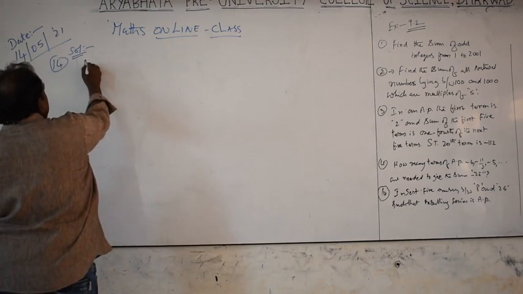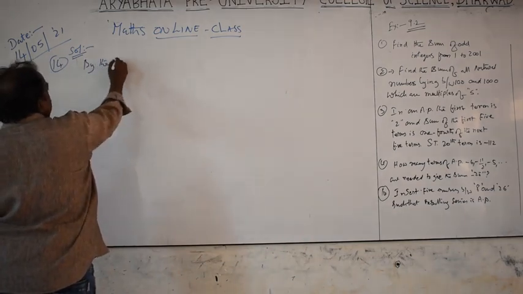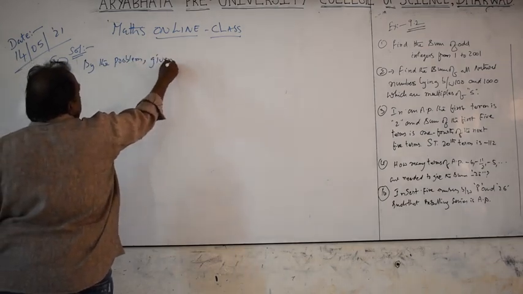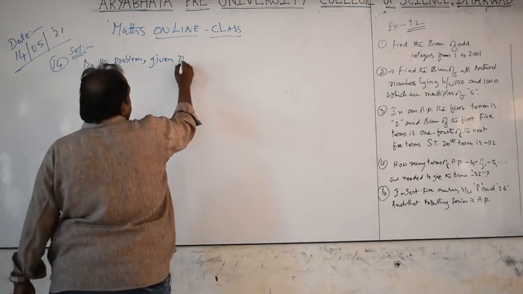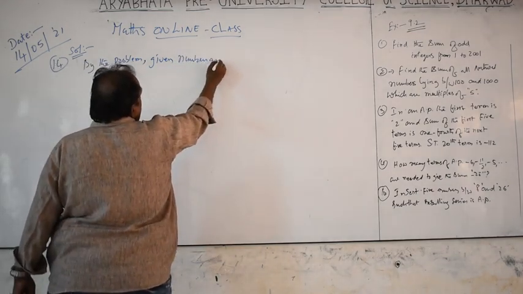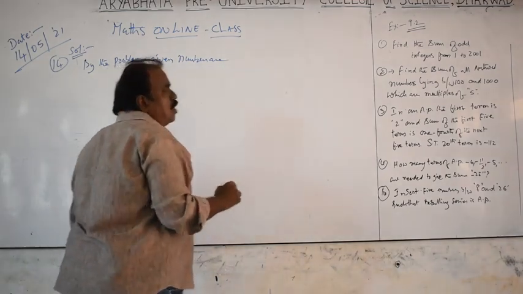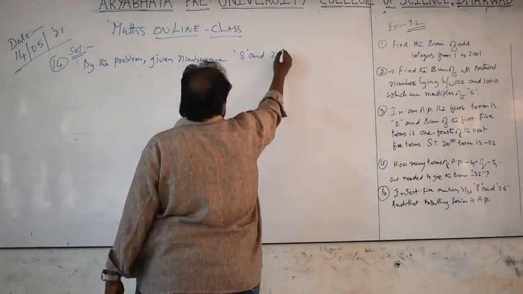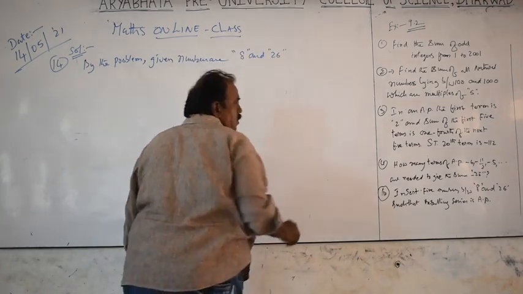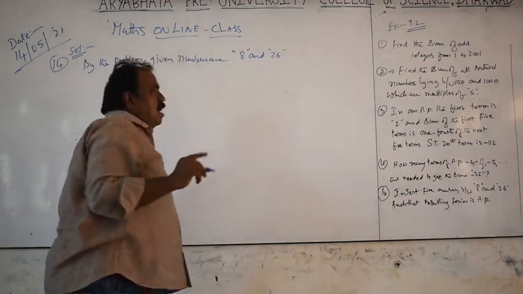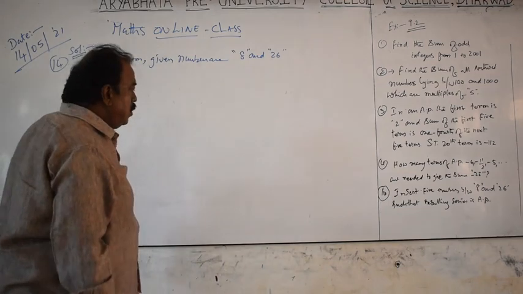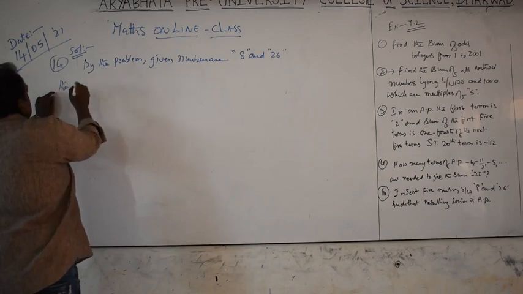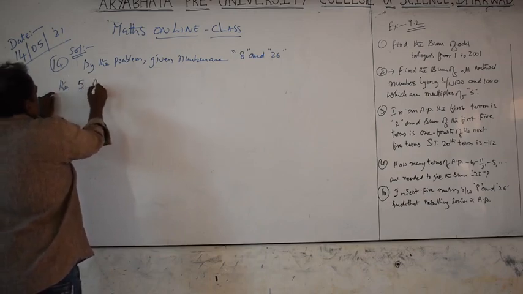The given numbers are, one is 8 and another one is 26. There are two numbers just like A and B, and we are asked to insert the 5 AMs.